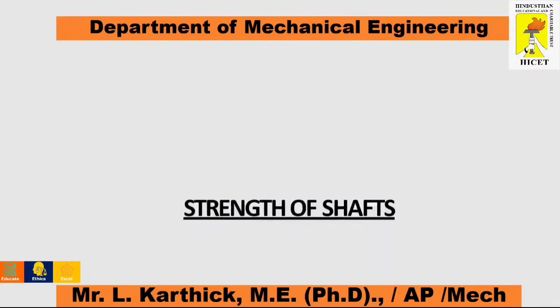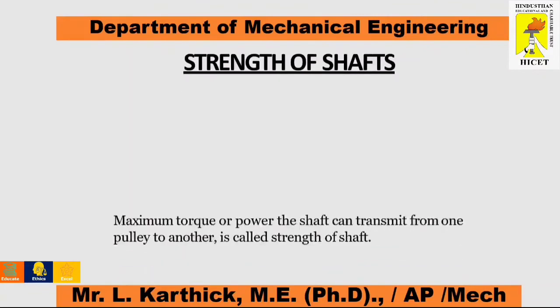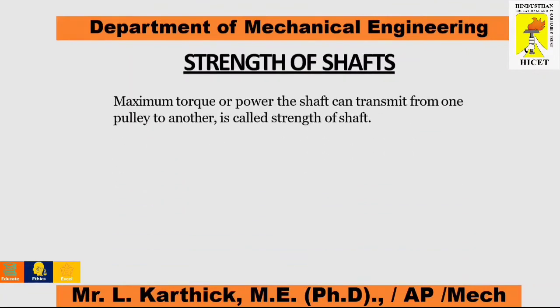We move on to strength of the shafts. Whenever we try to select a shaft for a particular application, we need to know the strength of the shaft. Without knowing the strength, we may not select it, because it varies based on the application.